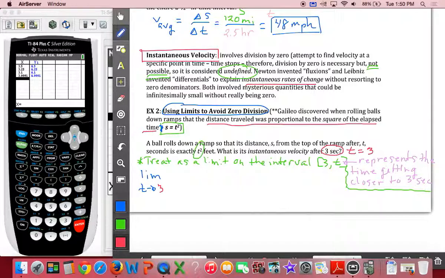And then we came up earlier in our work with the general equation. The general equation is always the original, and remember, this was our original function, so it's always the original function that comes first. So your original function, t squared, minus, then we take that original function t squared, but we plug in what we're approaching into it, that 3.